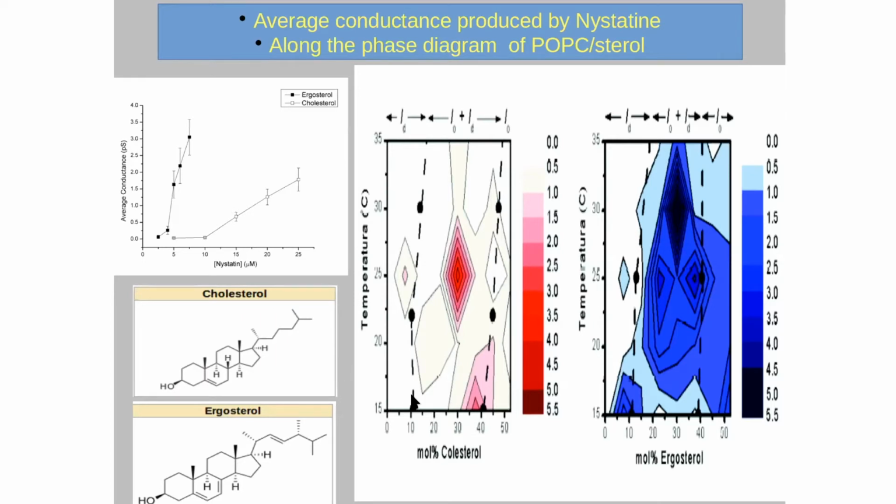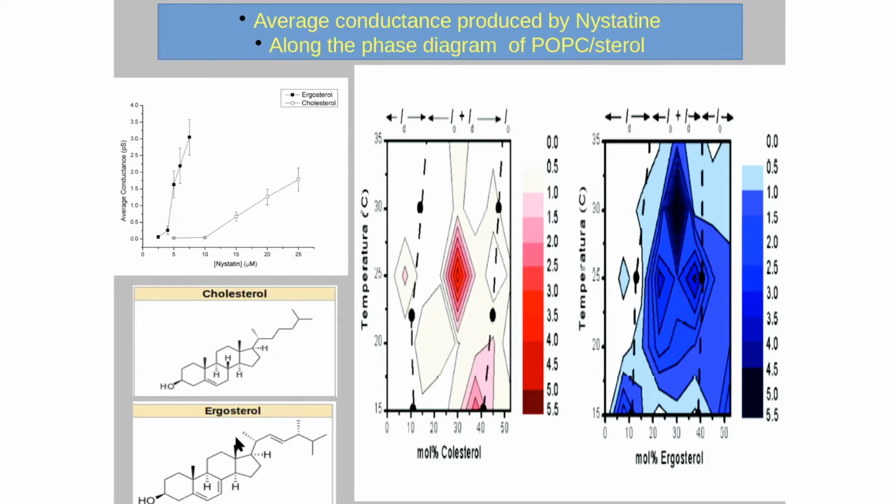And actually these lines are from Prieto's work, okay? But then we look at the expression of these channels in this phase diagram, and we see that it's not increasing with increasing amount of sterol. It is more correlated with the phase diagram that you have in both cases.